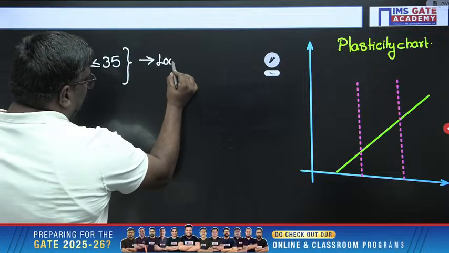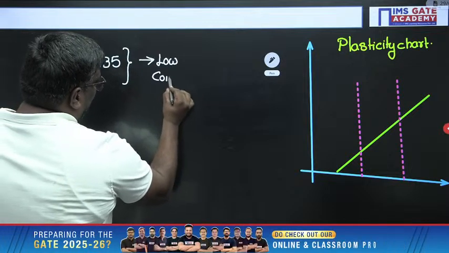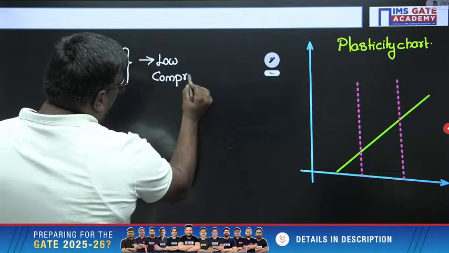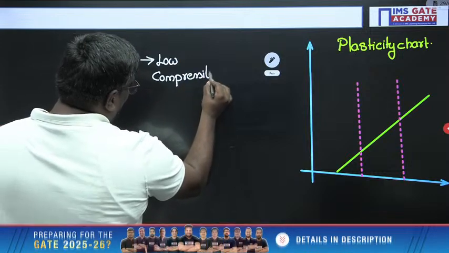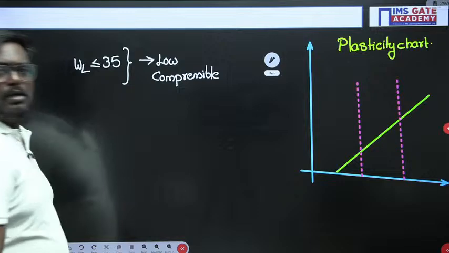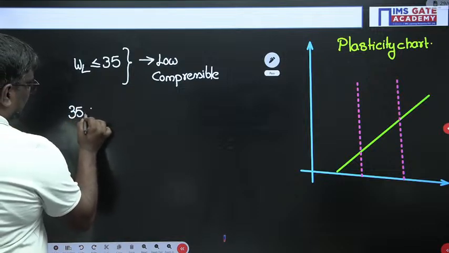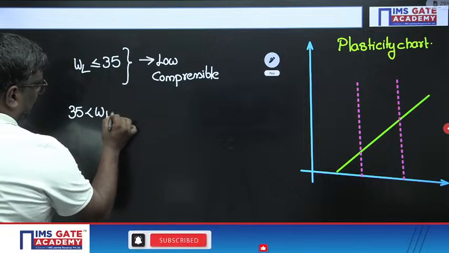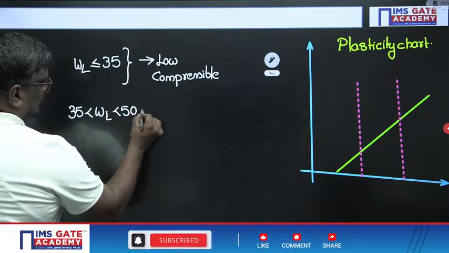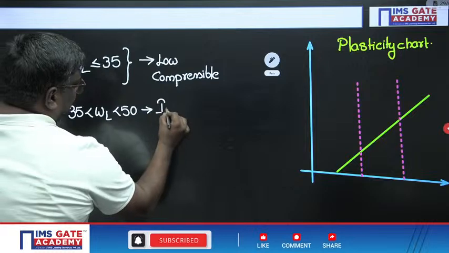Next, if liquid limit is between 35 to 50, then it is called intermediate compressible.